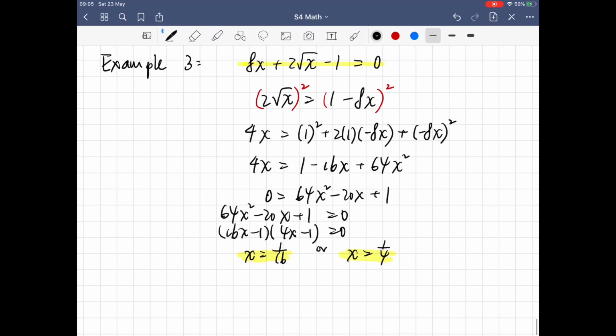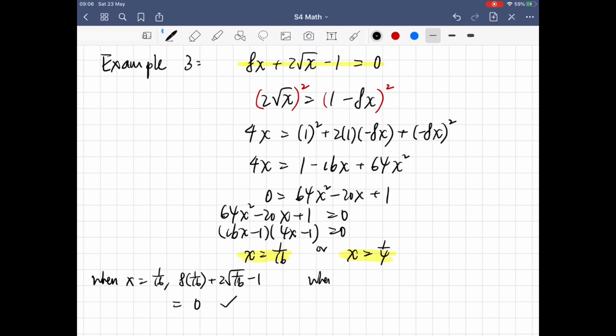For x equals 1 over 16, we have to check the answer. It equals 0, so it is consistent with the right hand side. So we accept this answer.